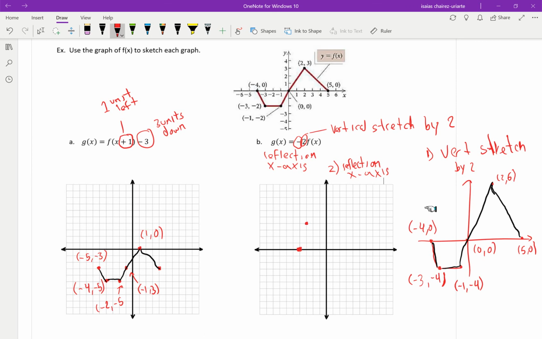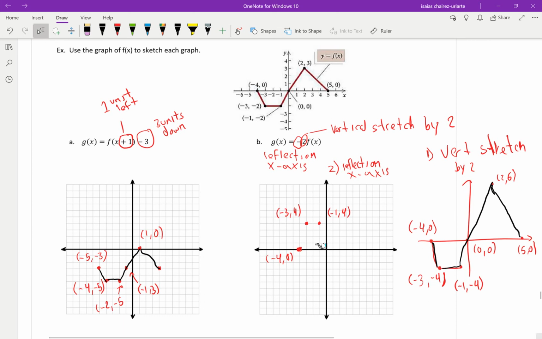So this is negative 4, 0, and now I have the point negative 3, 4. And then this point right here, since it's reflected on the x-axis, the x-coordinate stays the same, it's just that the y becomes positive 4. So sorry, negative 1, 4.